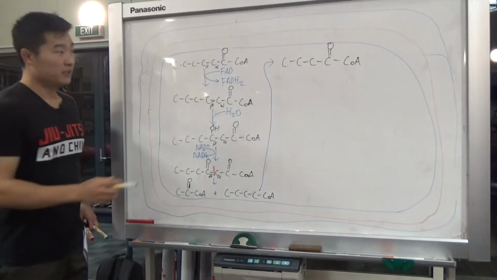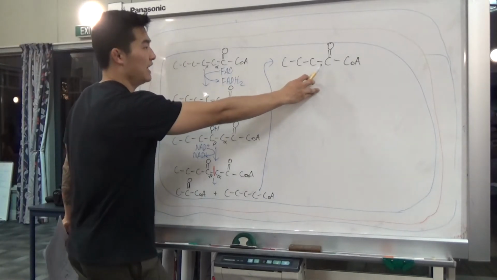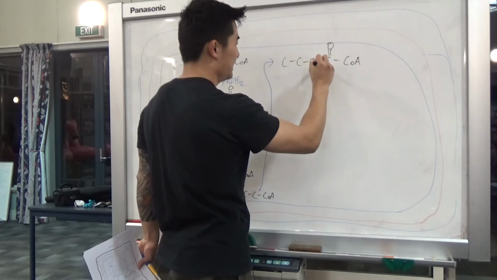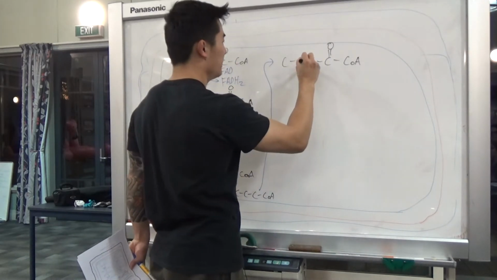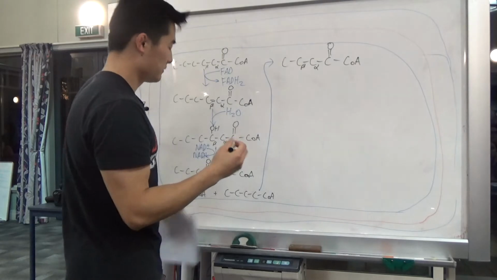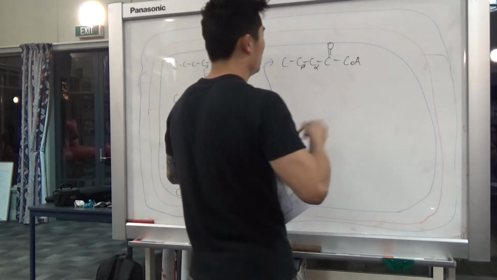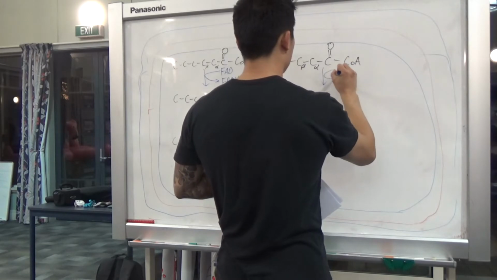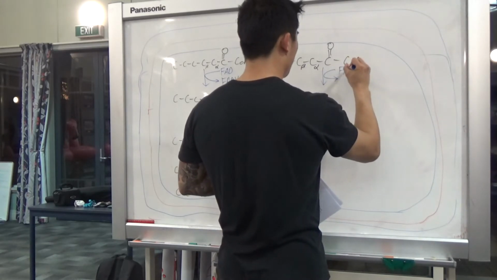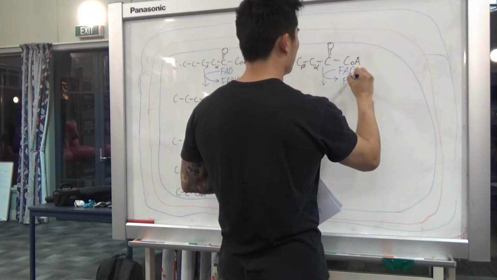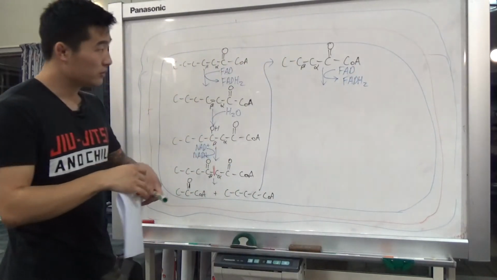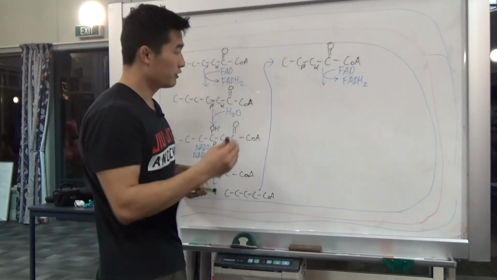So remember, our first carbon has a double bonded O, and the second one is our alpha carbon, and the third one is our beta carbon. It's going to get oxidized by FAD into FADH2.